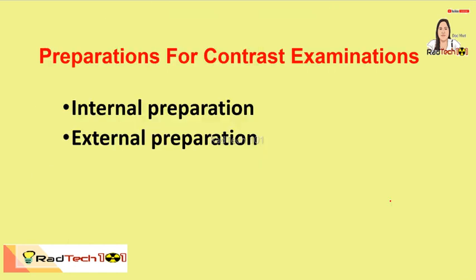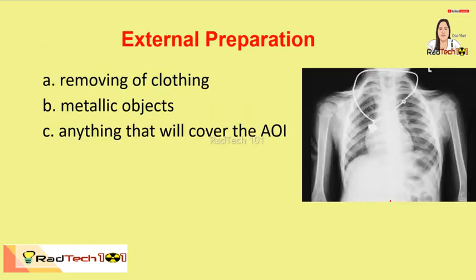As for the preparation for contrast exams, we have internal and external preparation. For external preparation, of course, clothing needs to be removed, especially if there are buttons or metallic objects, which must also be removed, along with anything that will cover the area of interest.